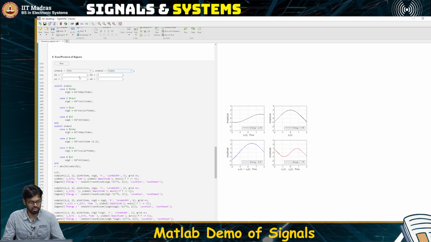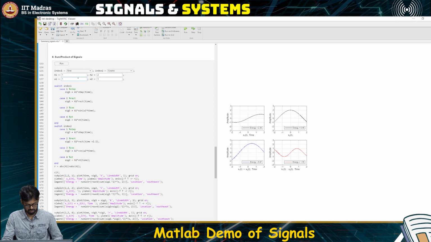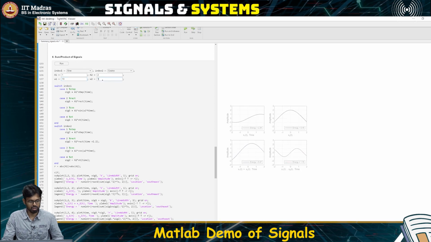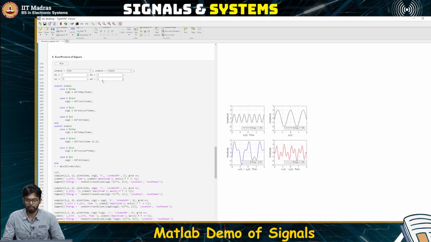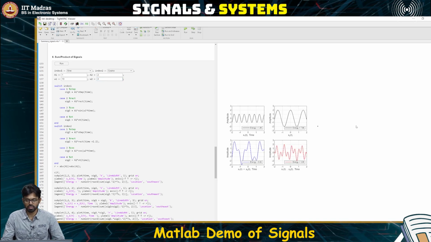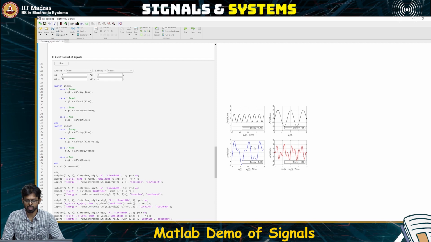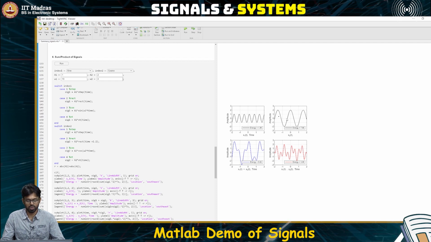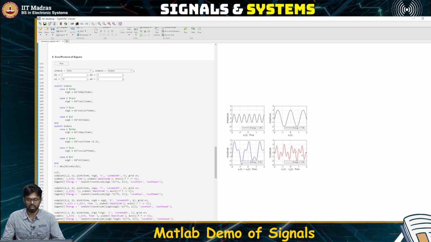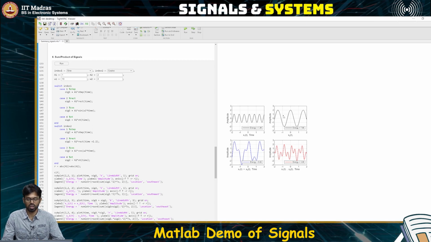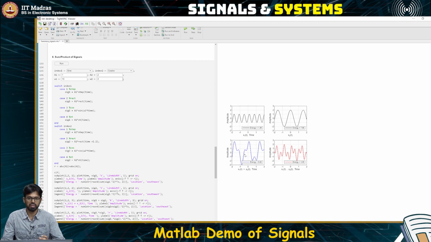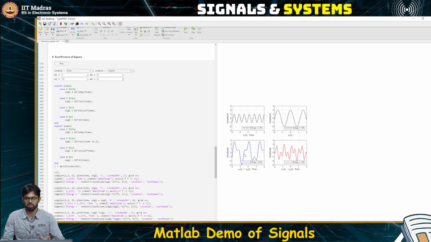Let us change their frequencies. Now, we have a sine wave here and a cosine wave here of different frequencies. Obviously, they are going to be orthogonal, but here anyway we are observing it for a finite window, so it does not really matter.